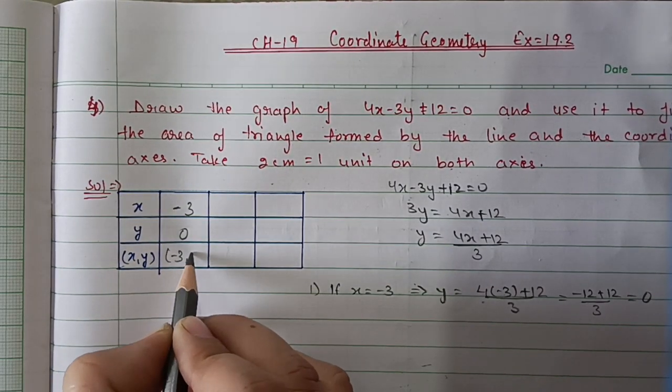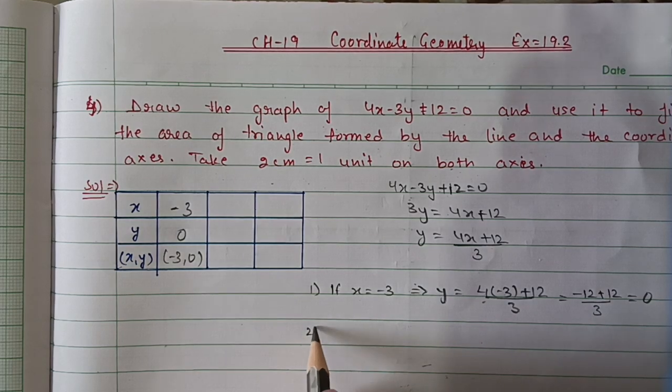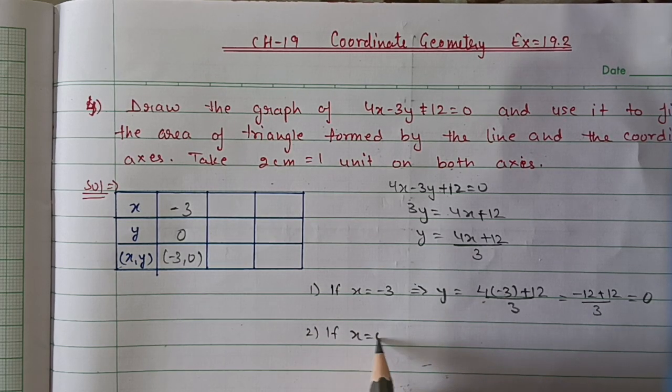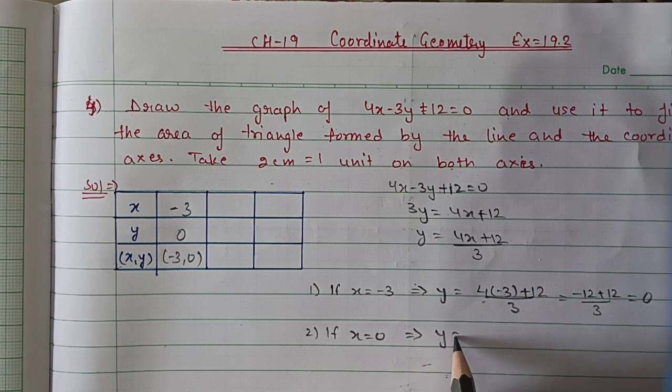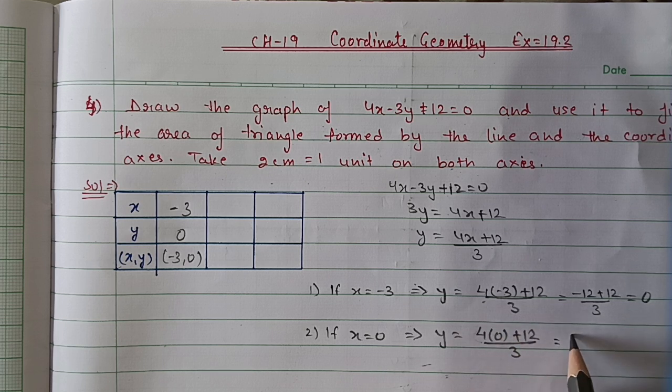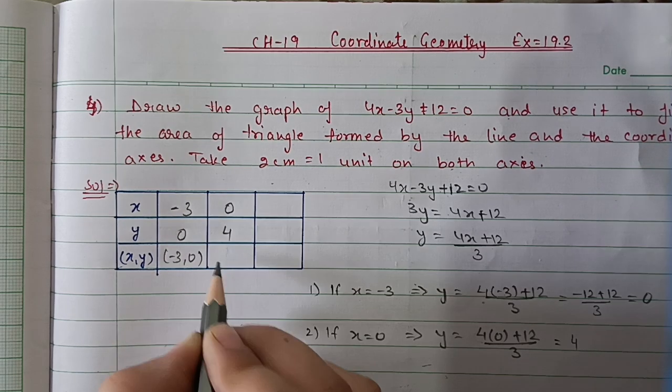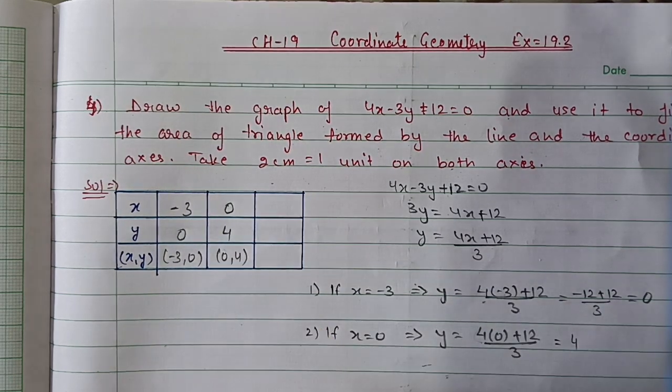So our first point is minus 3 comma 0. Second point, I am taking x equal to 0, in that case y will be (4 into 0 plus 12) upon 3. So this will become 12 upon 3, which is 4. So when x is 0, y is 4, so 0 comma 4.